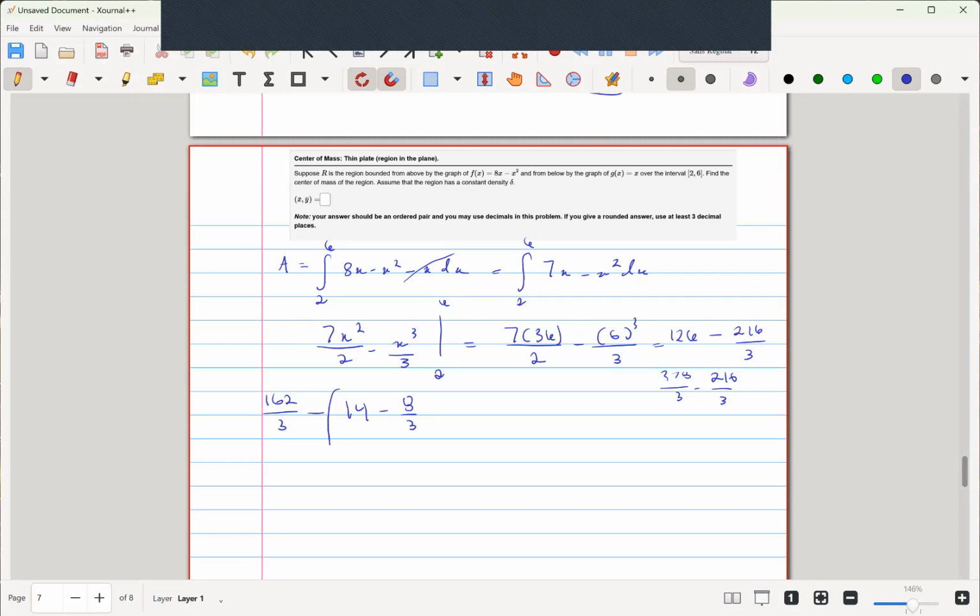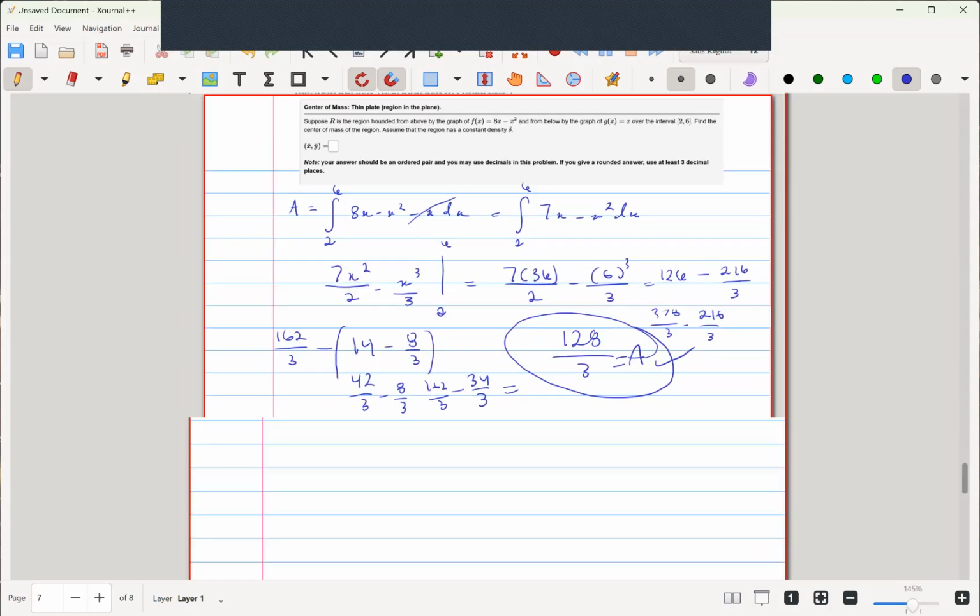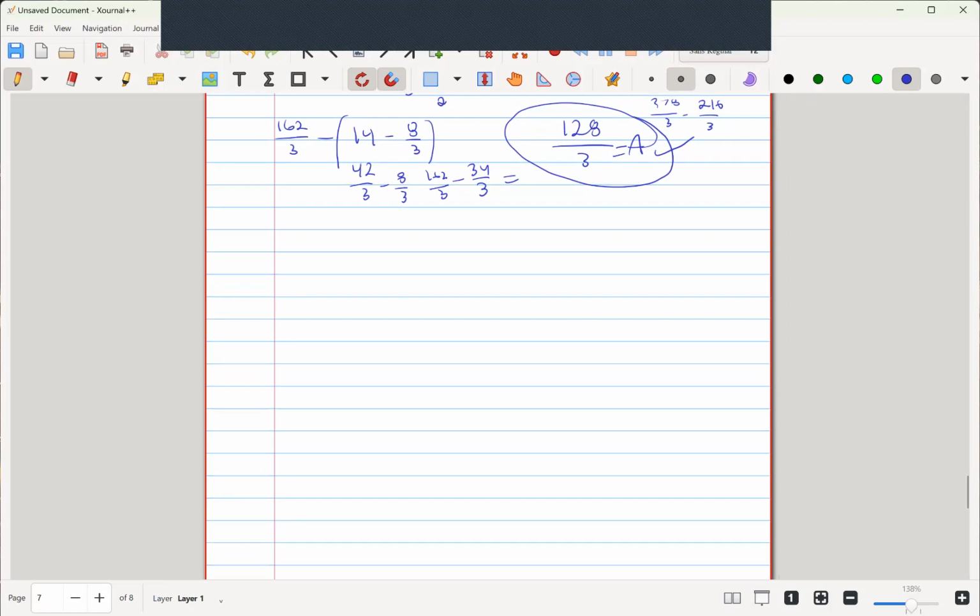So back to our calculator, we have 14 times 3, which is 42 over 3 minus 8 over 3, which is 34 over 3. Now we subtract this from our 162 over 3, and that gives us 128. 128 over 3 is equal to A. Boom. First part done. Now the harder part is finding x bar.